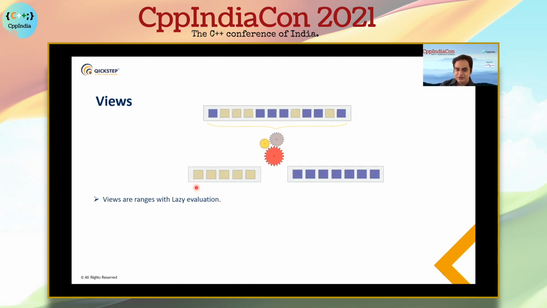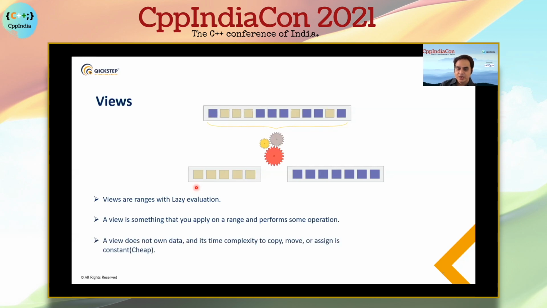We will see what lazy evaluation means. A view is something that you apply on ranges to perform some operations. For example, in the last slide we saw that we want to drop the first five elements and then reverse it. Those are the operations you can perform on your ranges, and you can see how the final output would look.